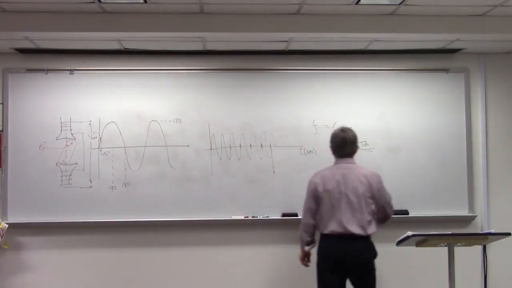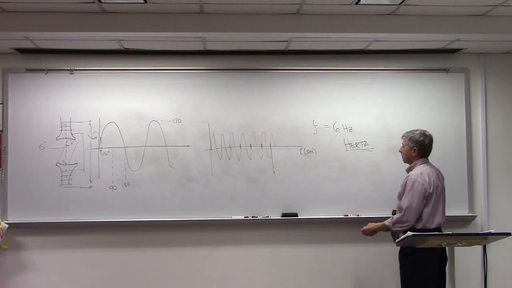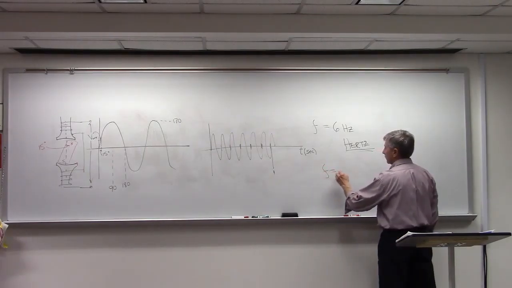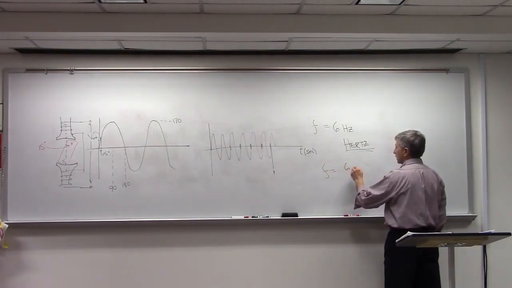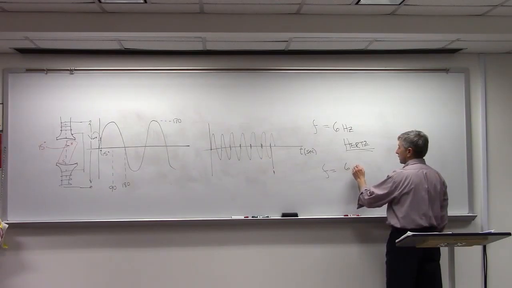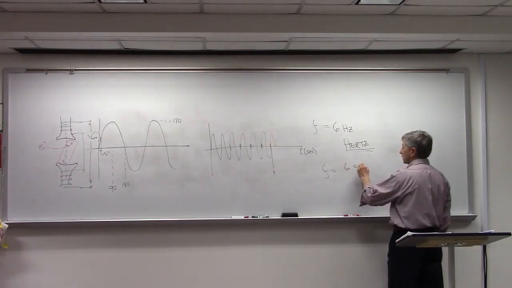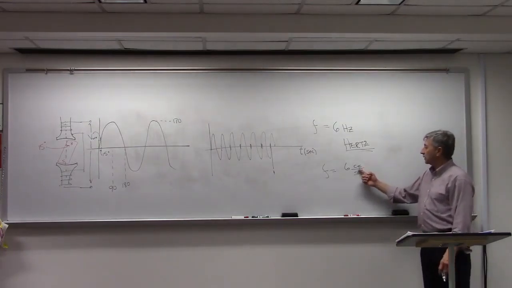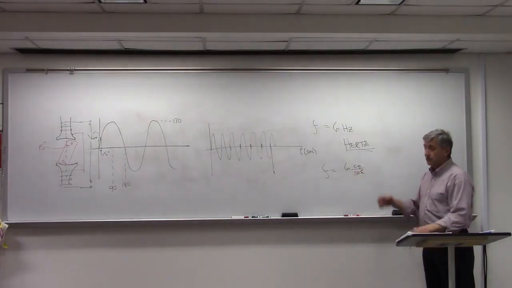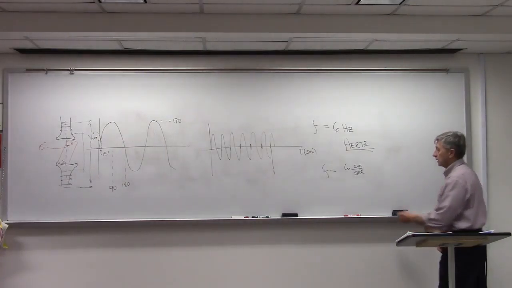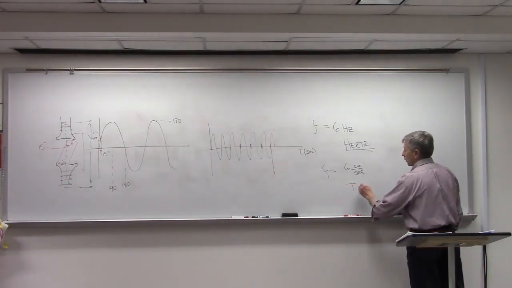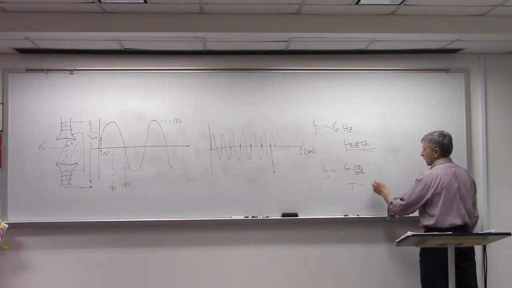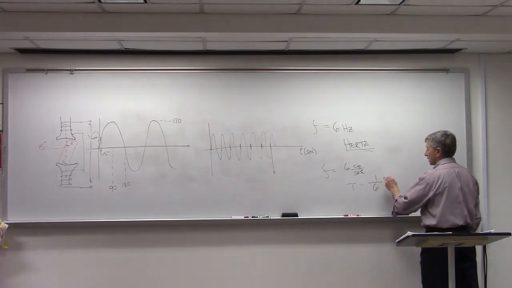And if you take the inverse of this, so let's just say frequency is equal to 6 hertz or 6 cycles per second. I like cycles per second because it introduces the concept of time. If you take the inverse of that, that would give you the period, so for that particular sine wave, the period would be 1/6 of a second per cycle.